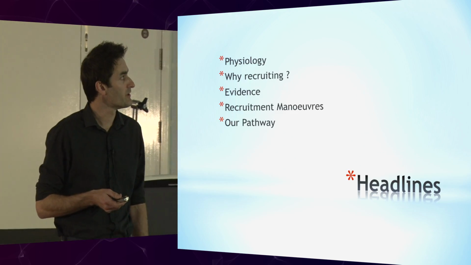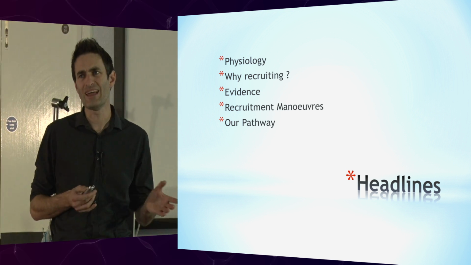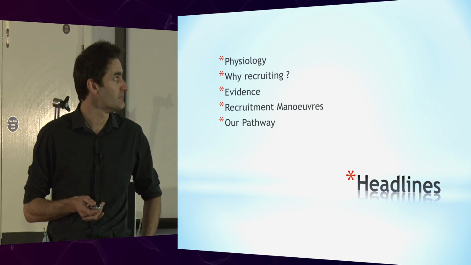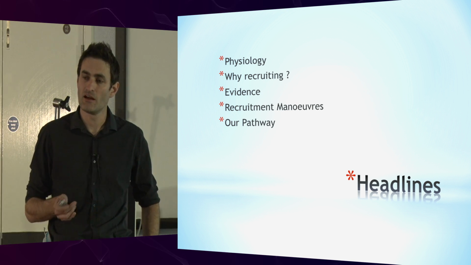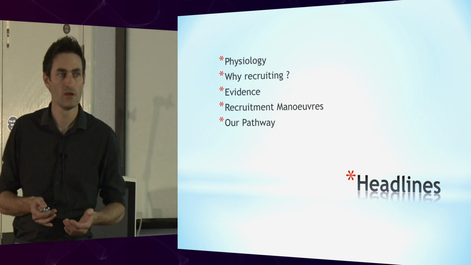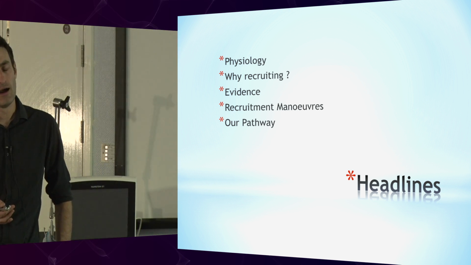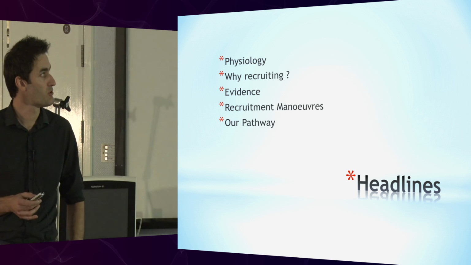Right, so what are we actually going to talk about today? We're going to talk in brief a little bit about some of the physiology, and then talk about recruitment itself and why do we need to recruit the ARDS lung. Evidence, I'm not going to go into vast amounts of detail on either, you'll be pleased to hear. We are going to touch upon that.